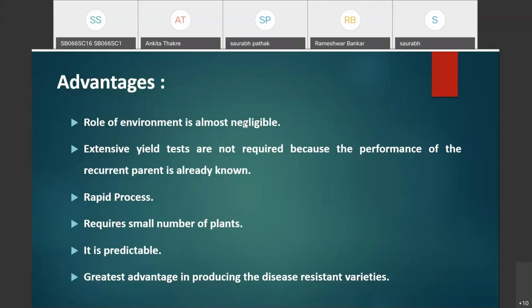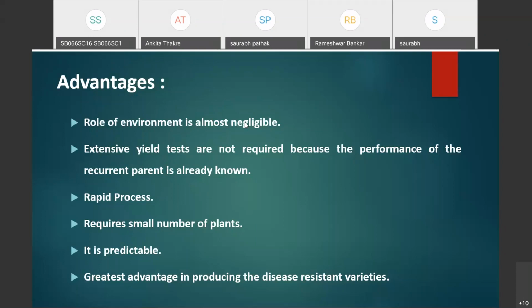Another advantage is that this method is predictable, and it has the greatest advantage in producing disease resistance varieties. A large number of disease resistance varieties are released by using the backcross method. These are the advantages of the backcross method.